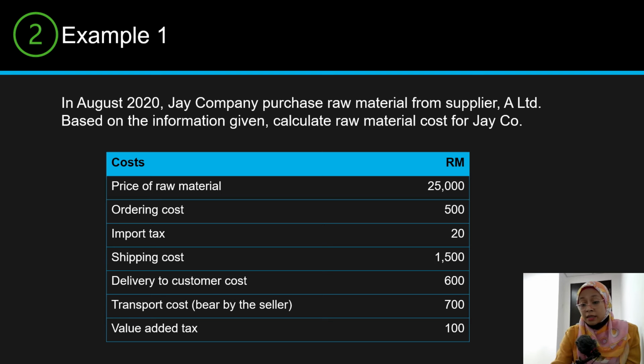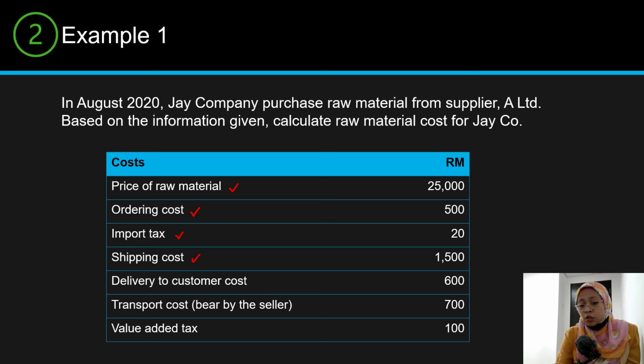You just have to identify what kind of cost should be included under direct material cost. So first, price of raw material definitely included. Ordering cost, yes. Import tax, definitely. Shipping cost, yes.